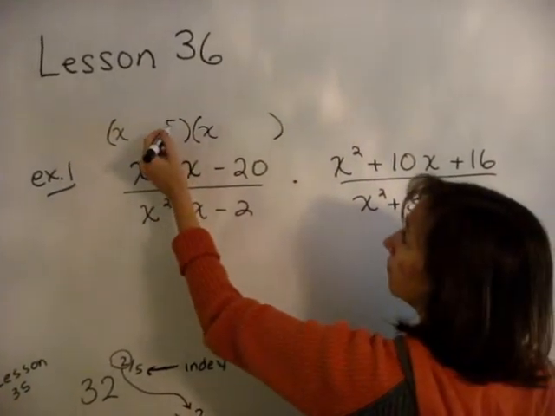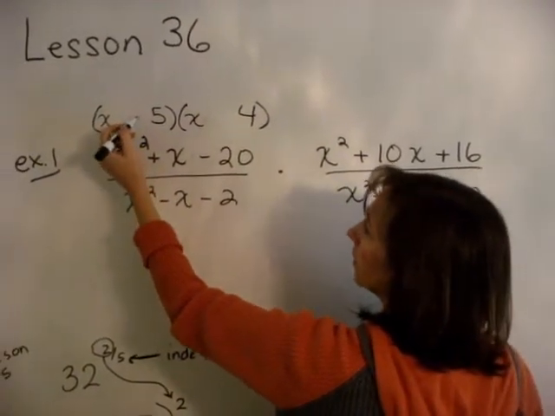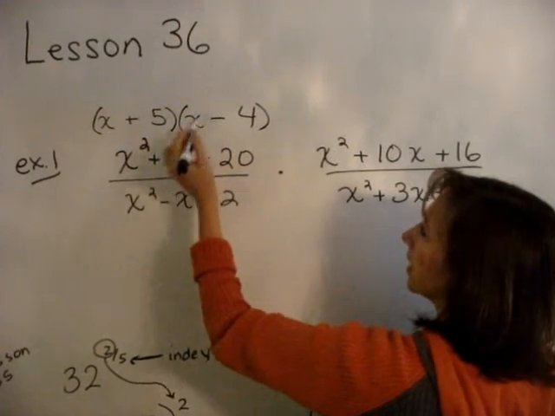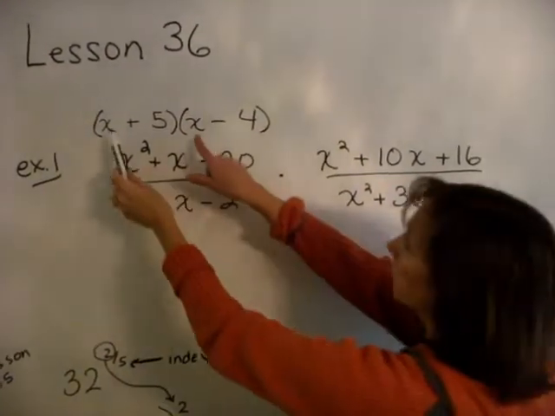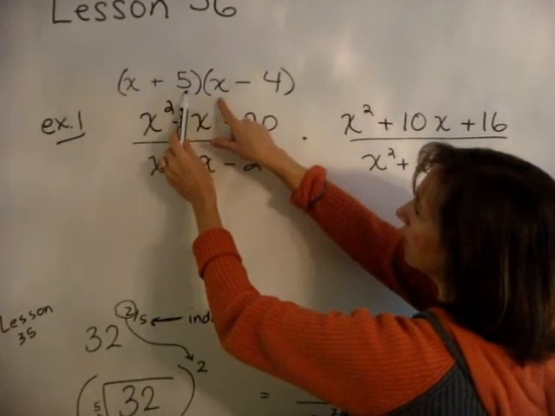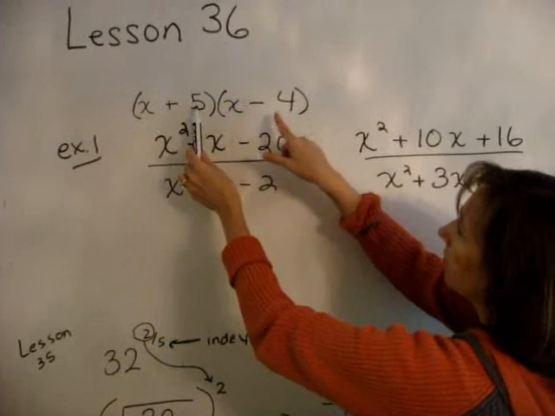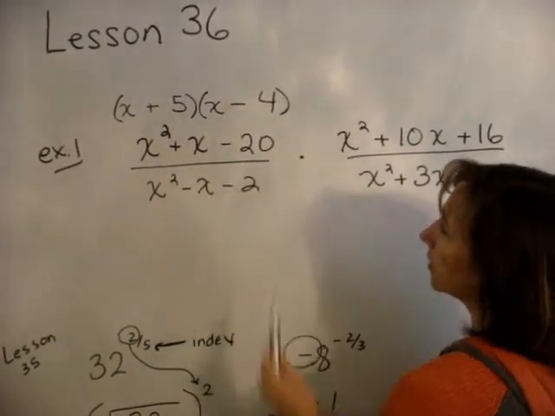So that would be 5 and 4. We want it to be a +1 right here, so this has to be positive, this is negative. So you always check them. Your first is x squared, your outer is -4x, your inner is 5x. -4x and 5x is just 1x. 5 times -4 is -20.